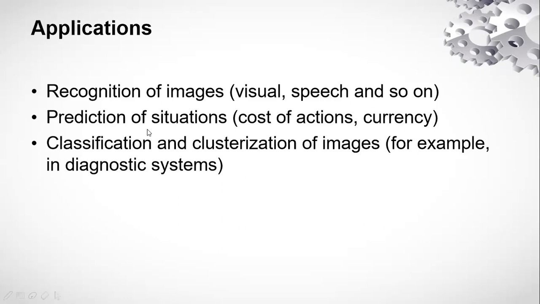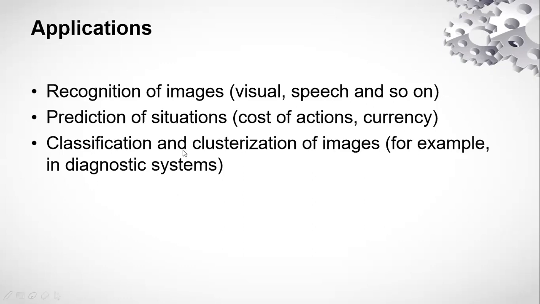Recognition of images can be used in criminal theft and crime scenes, where criminals are identified with images and it is found out whether they are the same person or not. Prediction of situations can be of the stock exchange, whether one should invest in a particular share or not. Currencies and weather predictions are also considered. So for these types of prediction situations we are using neural networks.